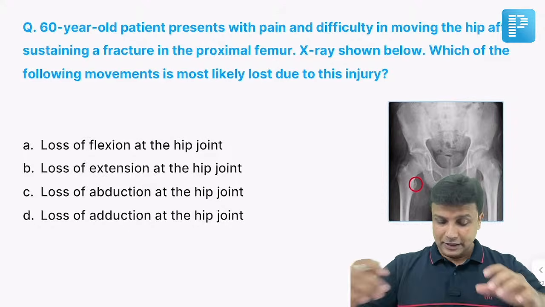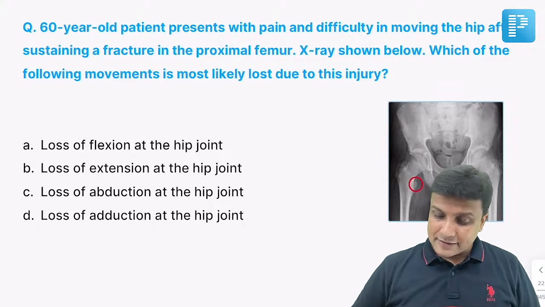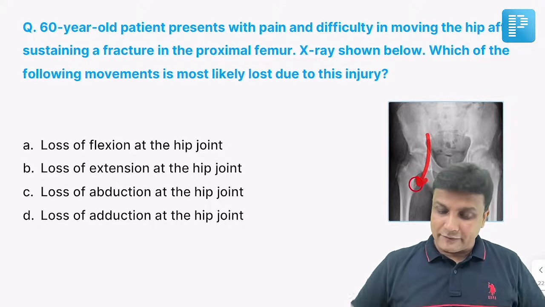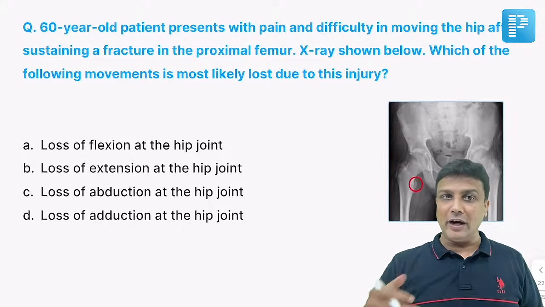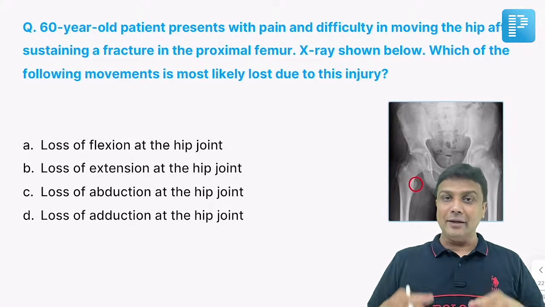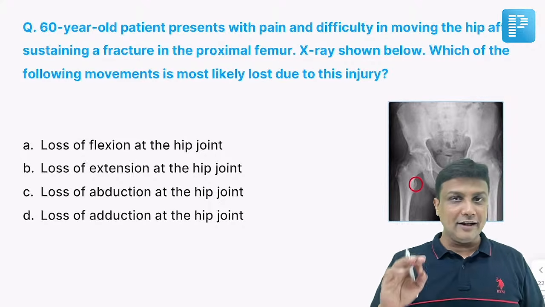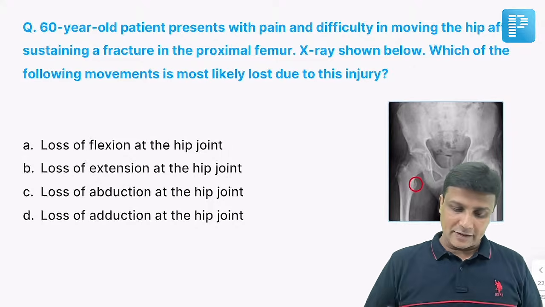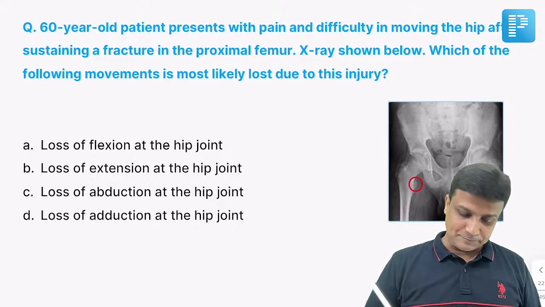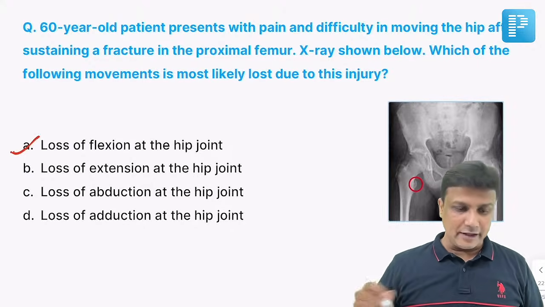Remember, whenever a muscle comes here and gets attached over there, when it contracts, the muscles present in front of the joint help in flexion. So iliacus and psoas major help in flexion. Now, if that is gone, obviously it will lead to loss of flexion at the hip joint.